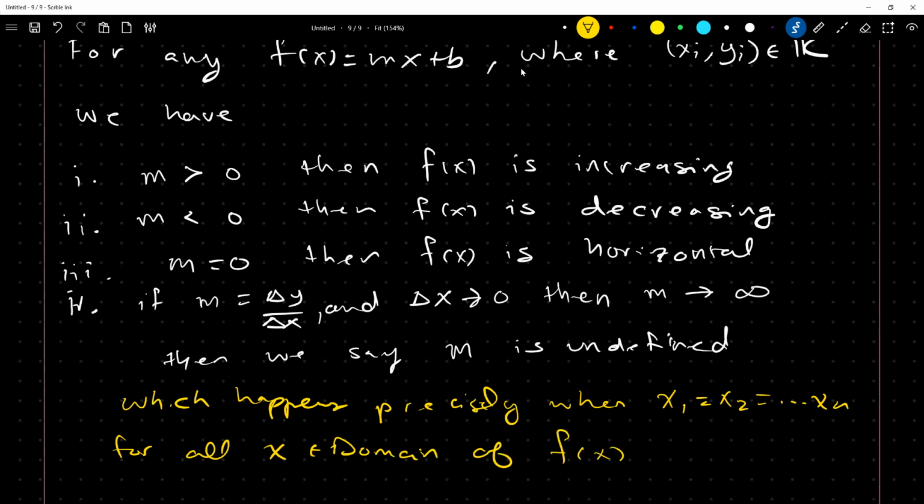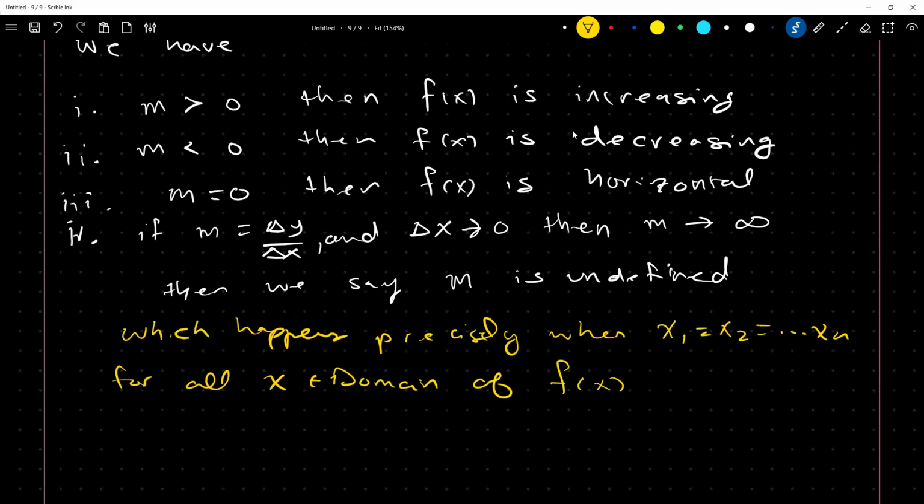So what does it mean? It means that this line will have the same x value for every y value. And what does that look like? That means f of x is vertical. So we have a vertical line, and the slope of a vertical line, we typically say it's undefined.